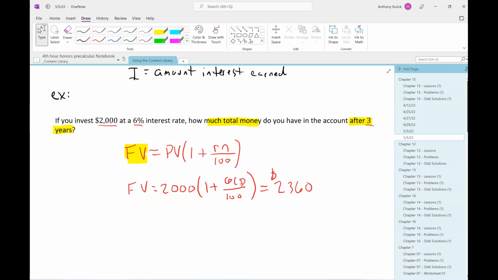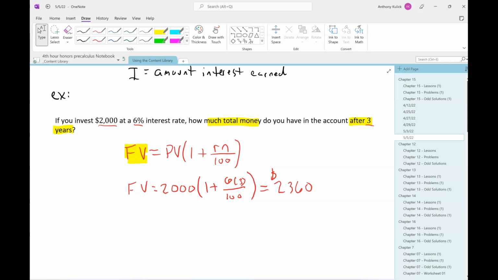In reality, this is not the way that most financial institutions pay interest, because it's kind of a ripoff. Why? Because the actual account value isn't the number used when they compute the interest. Right after the first year, you'd have 2120 in your account.